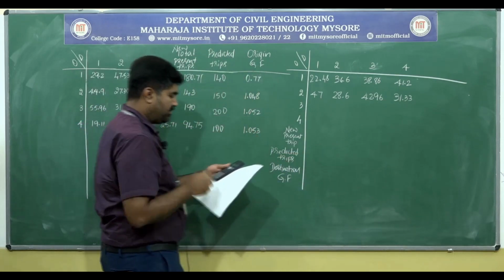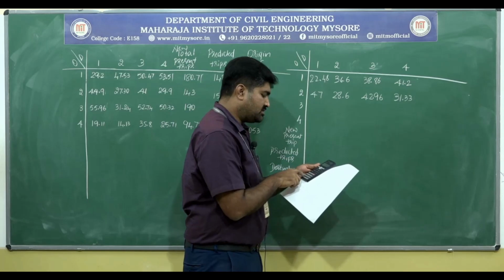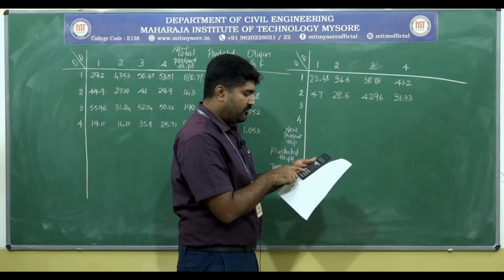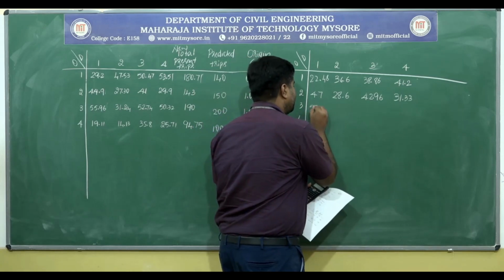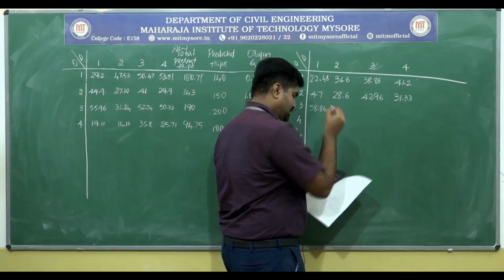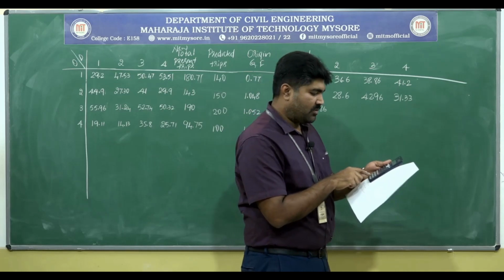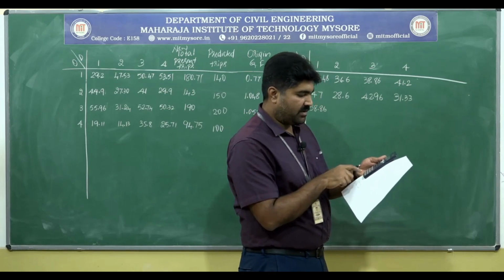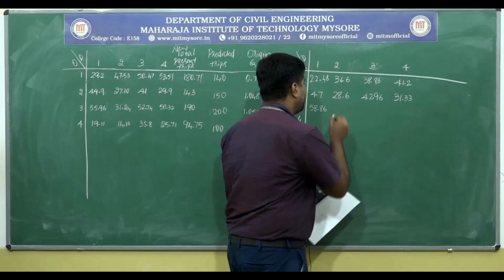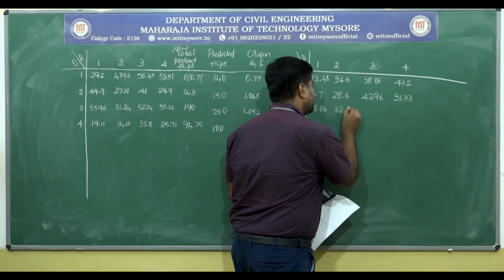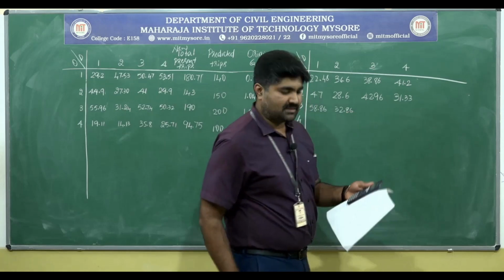Next, 1.052. Multiply the entire row. 1.052 into 55.96, you will get 58.86. 1.052 multiplied by 31.24, you will get 32.86.